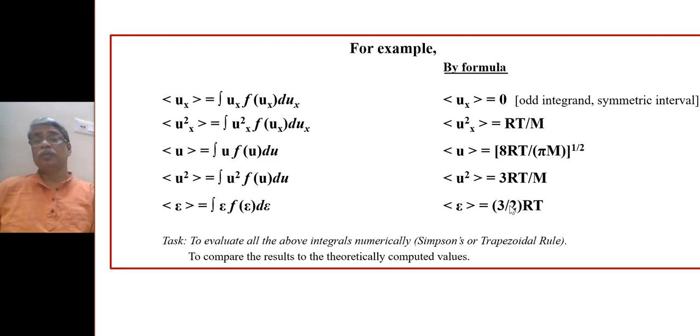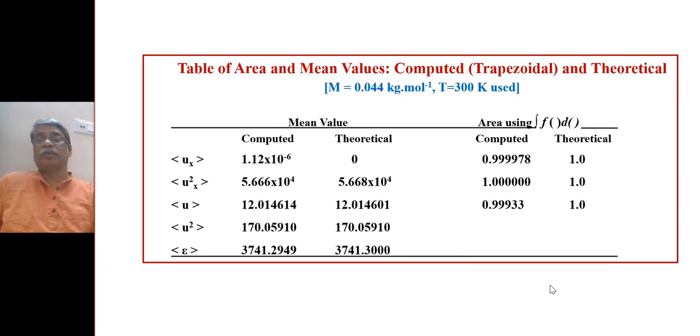But our task today is to evaluate these integrals one by one, or maybe all in a single program, and to verify those evaluated results or computed results with these theoretical exact results. So we will be using the trapezoidal rule for this problem.